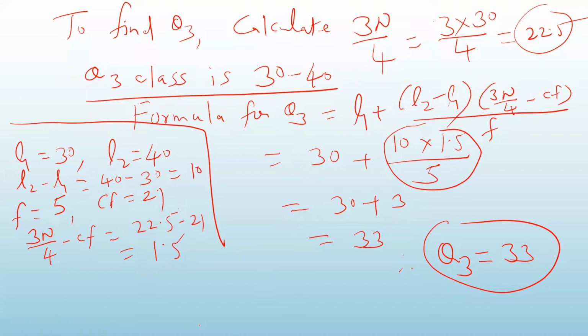They make this type of mistake: 30 plus 10 into 1.5 whole thing divided by 5. This is not right; this division with 5 is only up to here. 30 is separate. तो ये आप ध्यान में रखिए, नहीं तो आपका आंसर रॉन्ग आ सकता है.